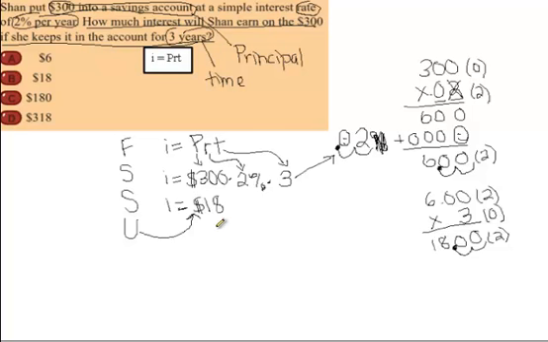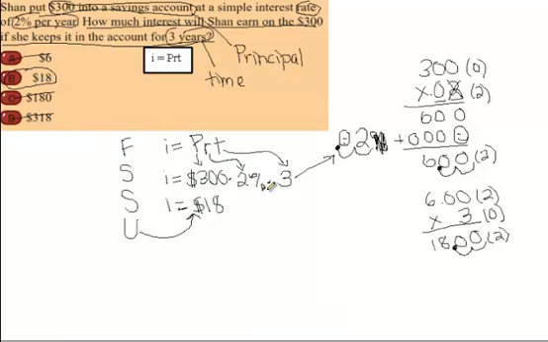It's really kind of cool. So the amount of interest that Shan earns is $18. You look at our answer choices, it's not $6, it's not $180, it's not $318, it's $18.